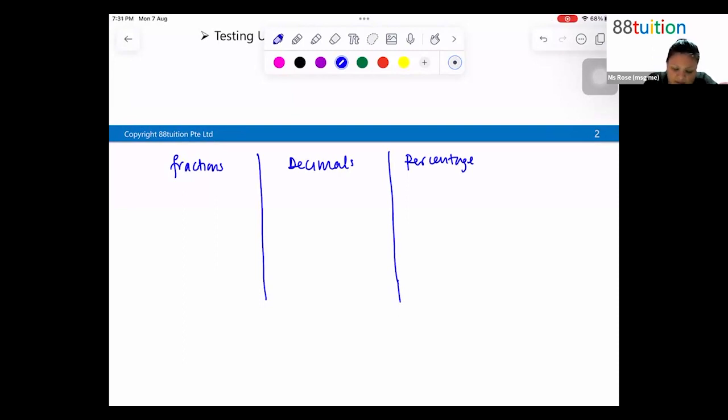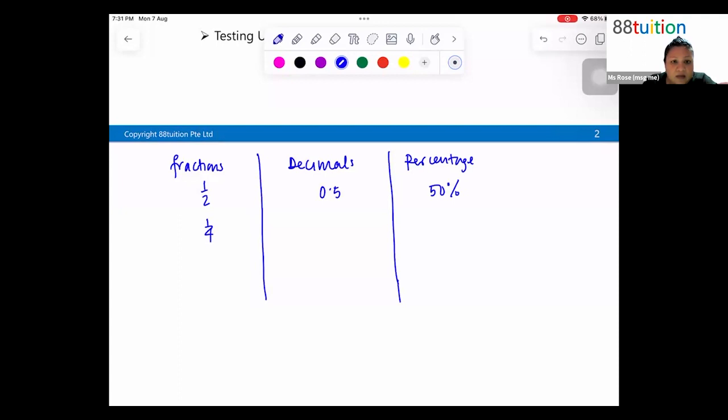Half in decimal will be, can you unmute and just answer? Half in decimal will be 0.5, thank you. 50%.